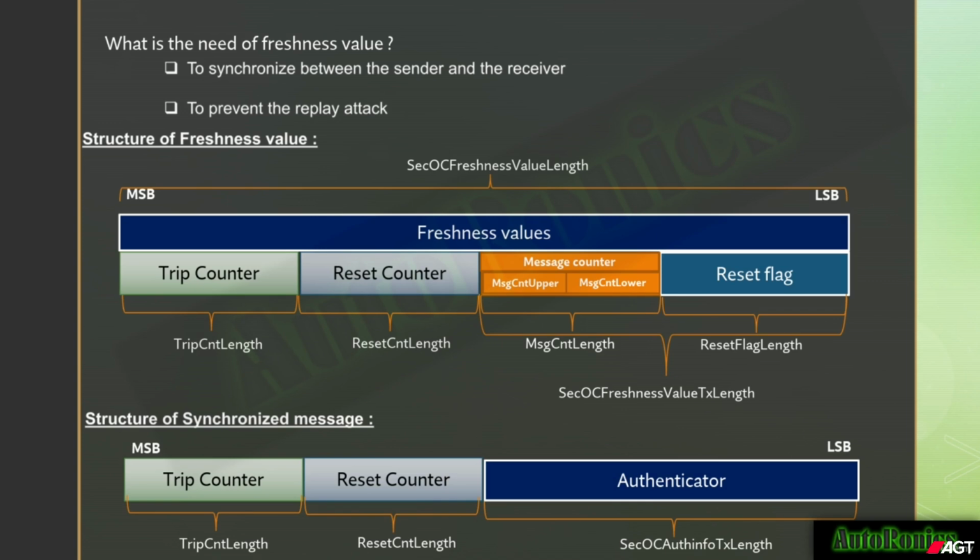So if the sender sends a secure message, then the message counter will be incremented. Let's see about the reset flag. This flag is updated in synchronization with the reset counter. So in order to make it more clear, we'll have an example and we'll see how the flow happens and how the counters are incremented in the next slide.